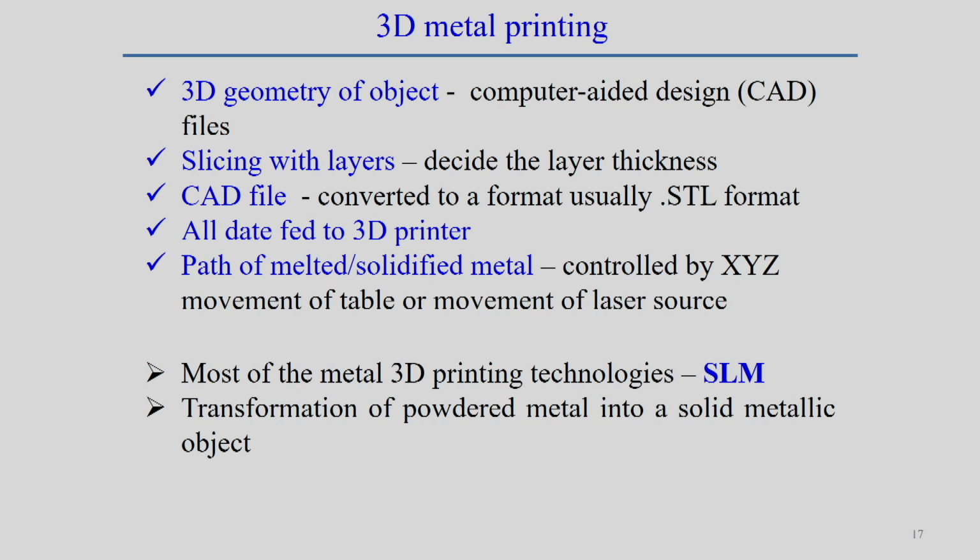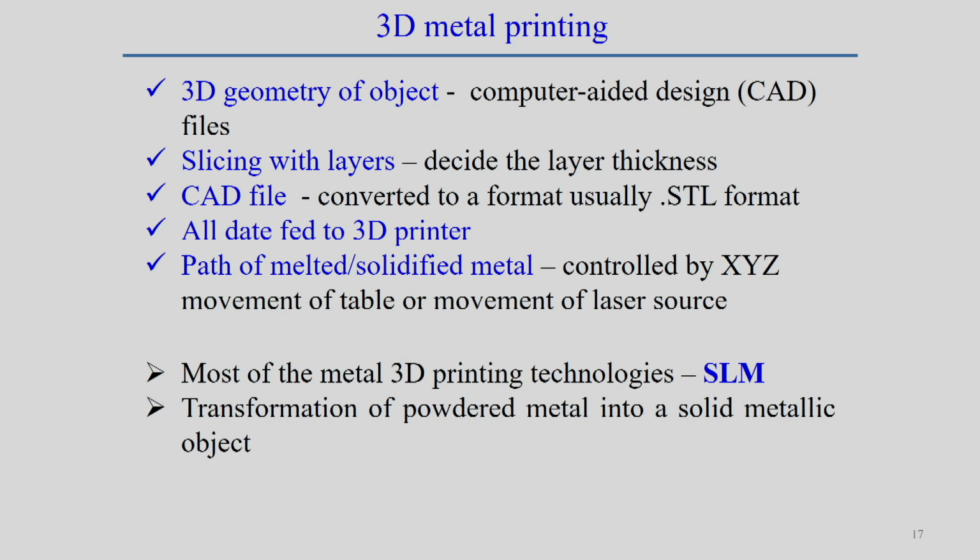system also. Now, in general, in the 3D printing process the 3D geometry of an object is created, and this is normally done from computer aided design files. Once we create the CAD model of a particular geometry that we want to produce using additive manufacturing technology, the next step is slicing this CAD model, and the slicing decides the thickness of the material layers.